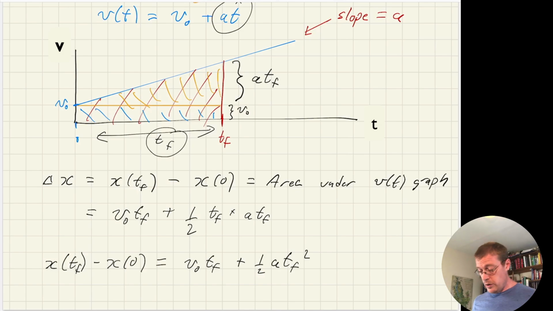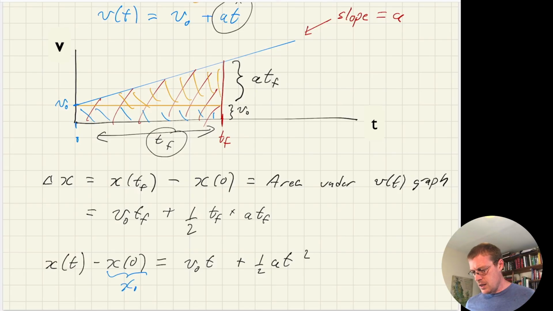And as before, I can call tf whatever, I can call it t, and so I get x of t minus x of 0 is v0 t plus 1/2 at squared. And again, I like to give this term a name and call this x0.